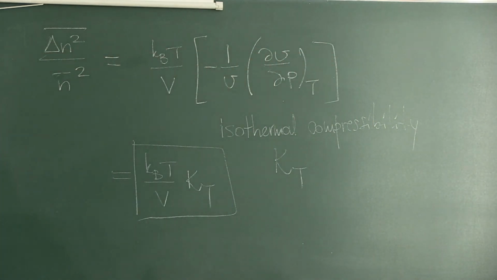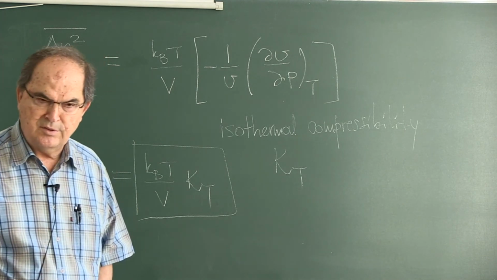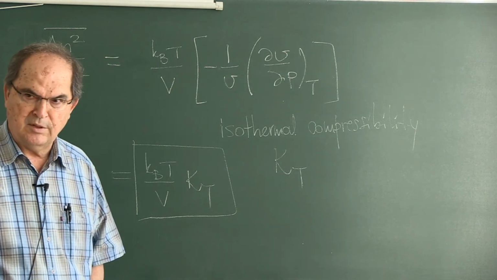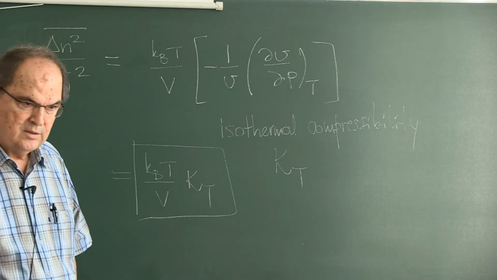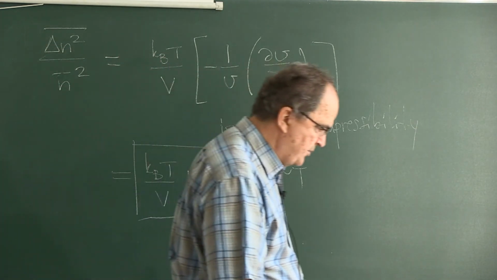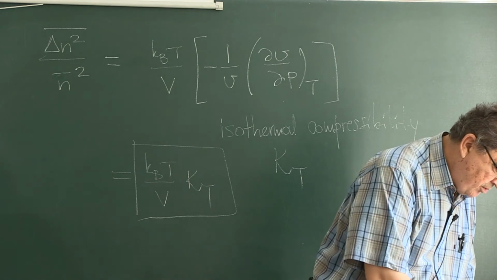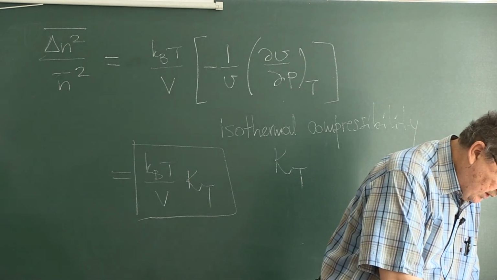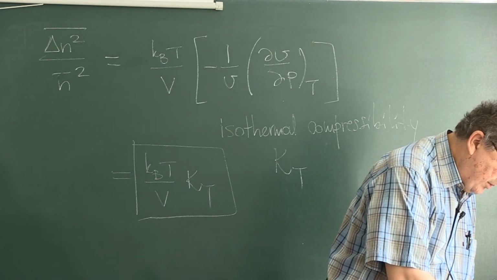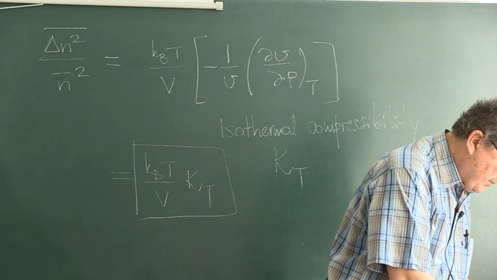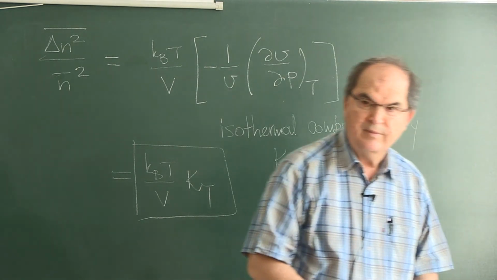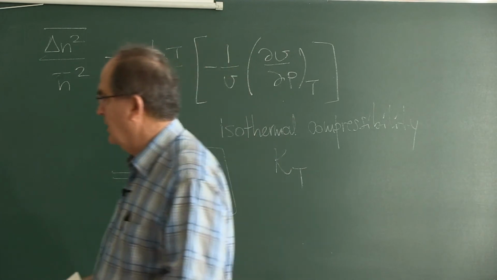We expect this to be small, isn't it? Unless we are near a phase transition where these fluctuations can become large, but away from the phase transition it must be small, and we should see that it is small by doing this specific example for a classical gas.